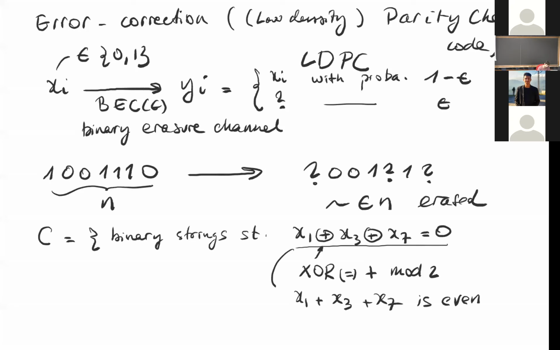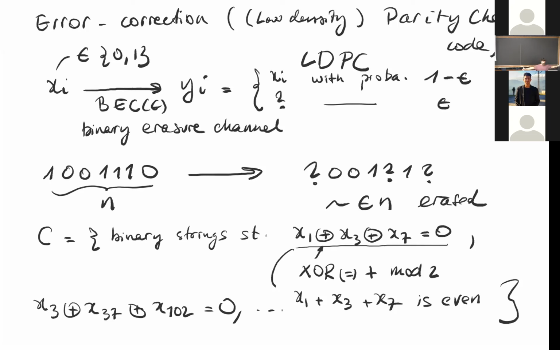So this could be one constraint, but then you could have many like this. Let's say x3 plus x37 plus x102 is 0, and so on and so forth. Okay? So this is a huge set. If you have many constraints and many bits, we will assume that the strings that we want to send are large.